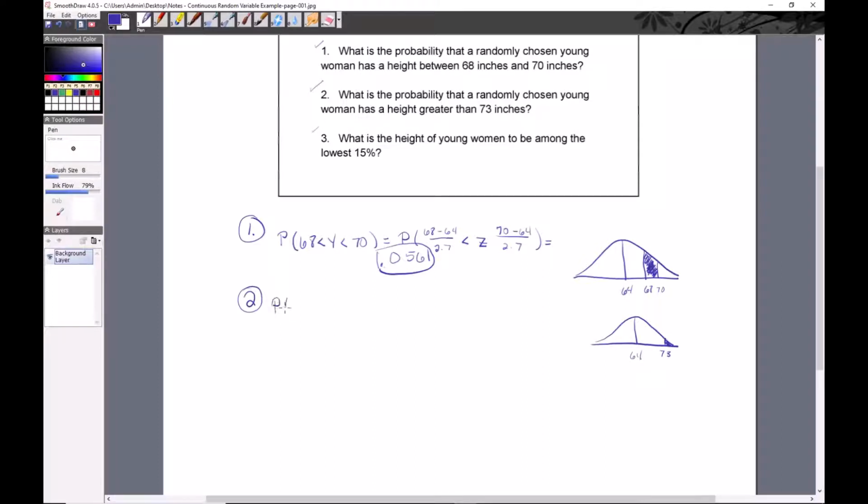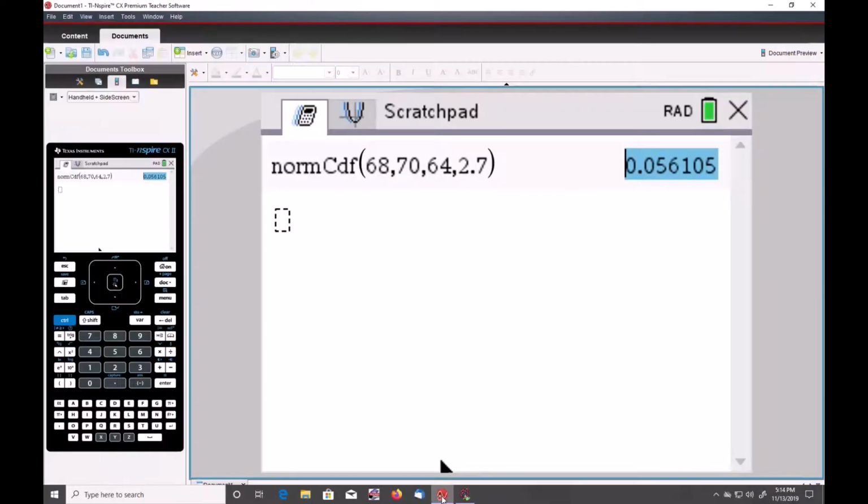So the probability that y is greater than 73, and let's just write out the standardizing. That way the AP people know you can do it. So the probability that z is greater than 73 minus 64 over 2.7. All right? And we're just going to do that just the way we did it before. And we're going to expect a kind of a small number.